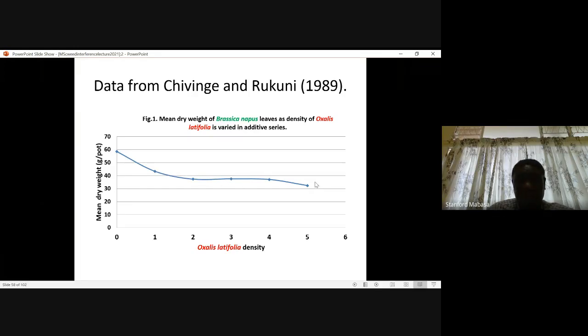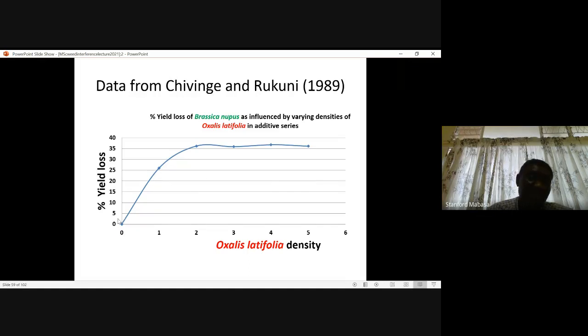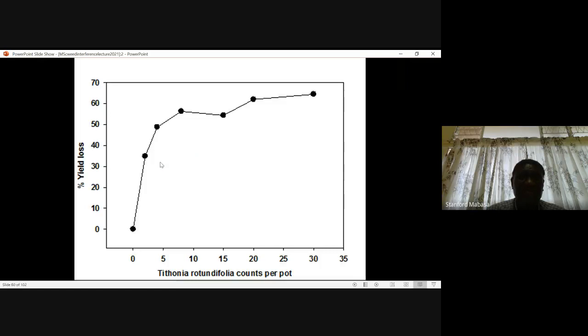But if we look at the crop yield loss, according to Cousens, we get this curve, where this is the maximum yield loss, and this could be the slope. I think this is the slope for another weed, which was plotted, and we get this sort of curve.